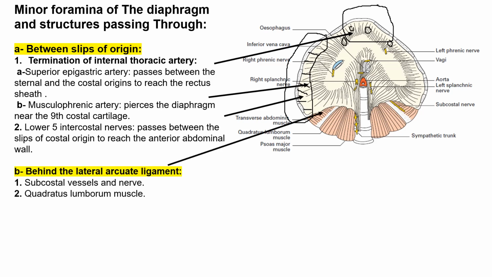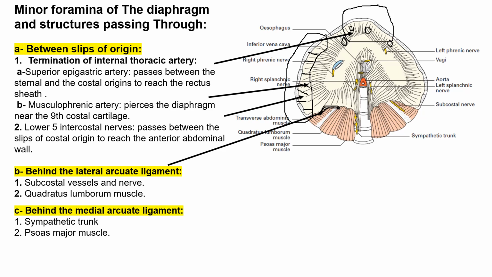Behind the lateral arcuate ligament, which is the upper part of quadratus lumborum fascia, we will find the quadratus lumborum muscle and the subcostal nerve and vessels. Behind the medial arcuate ligament, here we can see the psoas major muscle and the sympathetic trunk.